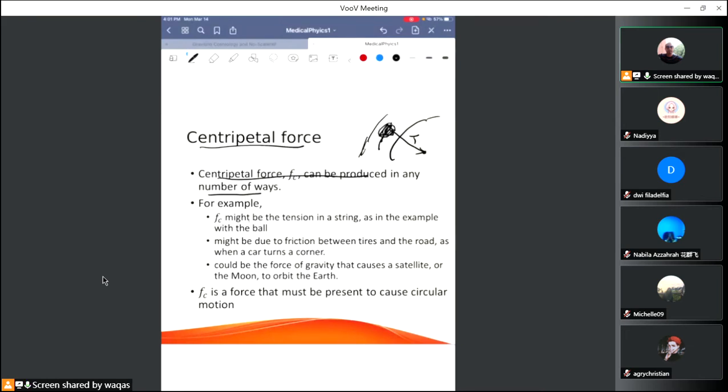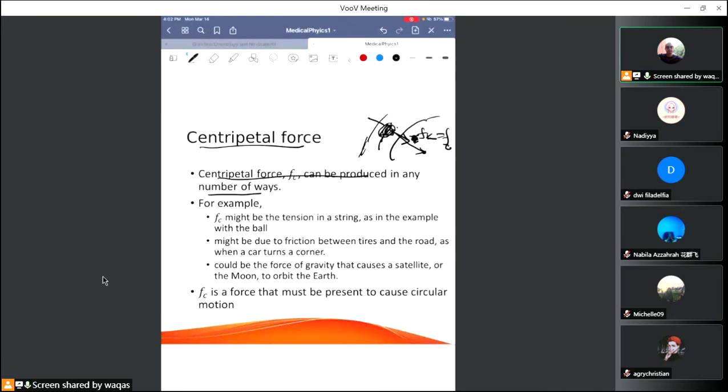This is the center of the turn. The friction force is in this direction, Fk. This friction force is basically the centripetal force.